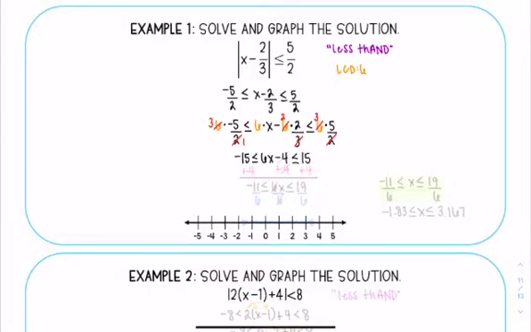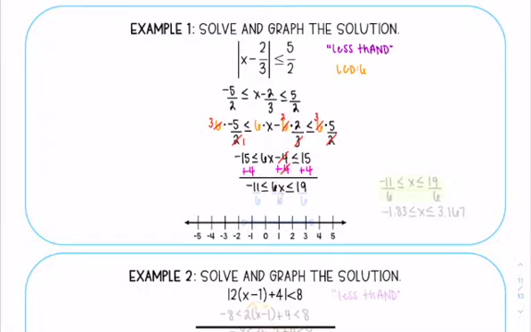Now we just want to get the x in between the inequality symbols by itself. So we're going to add 4 to both sides. And so we cancel in the middle. Negative 15 plus 4 is going to give me negative 11 is less than or equal to 6x, which is less than or equal to 19.